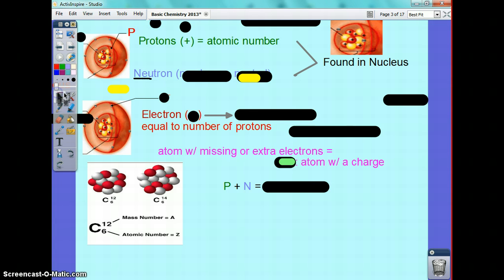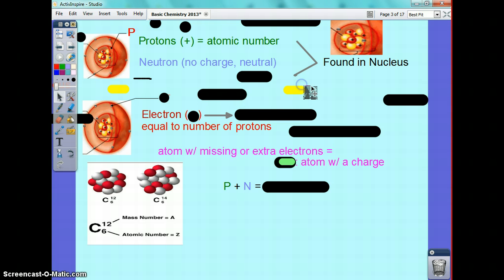Because it has no charge, it's neutral, okay? I know that the N for neutron wants you to say N for negative, but it's neutral. So what has a negative charge? Electron. Electrons have a negative charge, and they float around the outside of the nucleus.